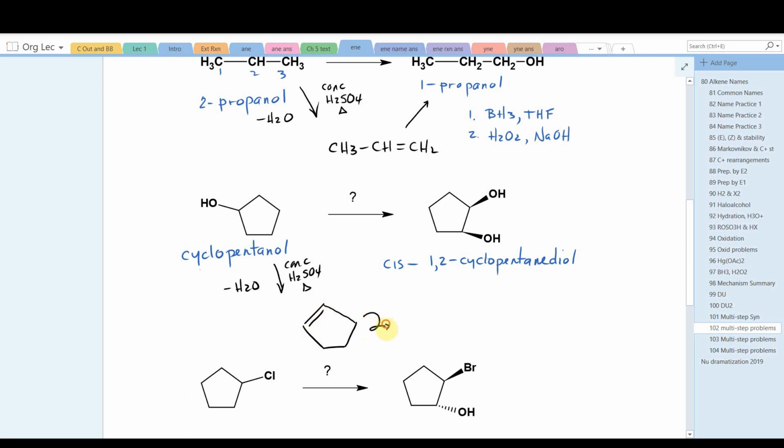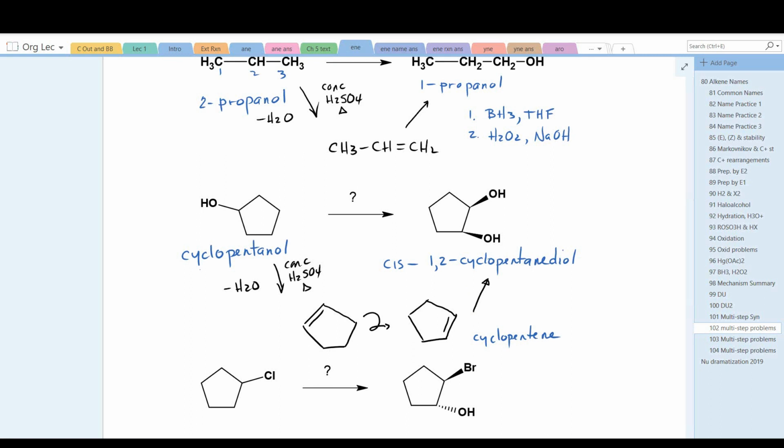We can rotate this to make it look more like what we need. Let's put the double bond here. Same thing. We need to convert cyclopentene to cyclopentane diol. Notice the pi bond is gone and we gain 2 hydroxyl groups. This has to be an oxidation. The pi bond breaking, but not the sigma bond.